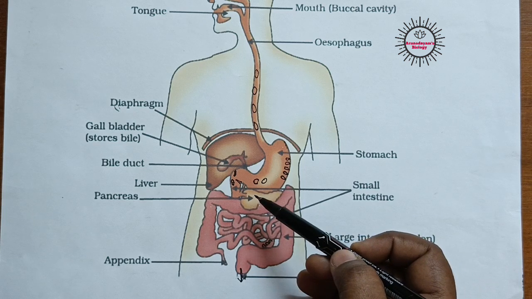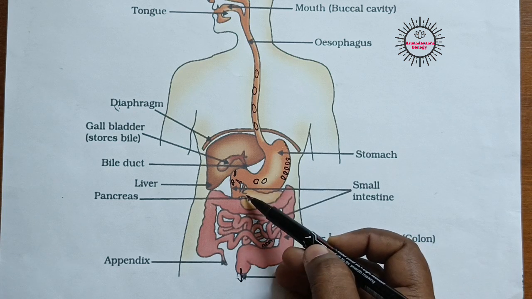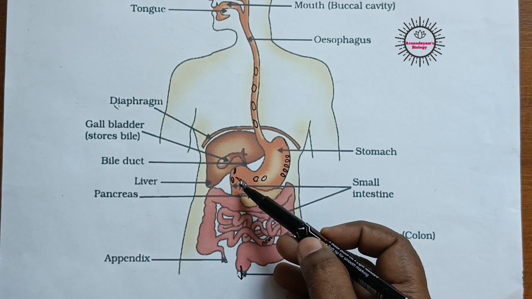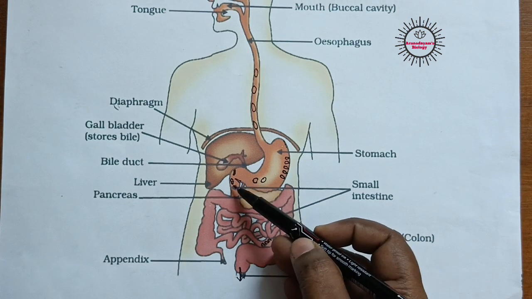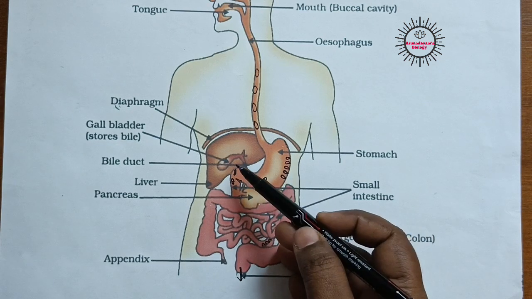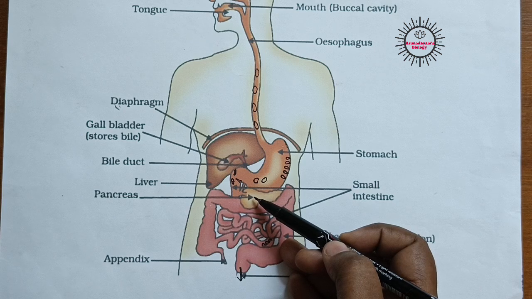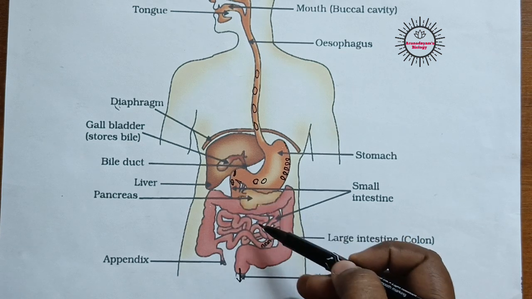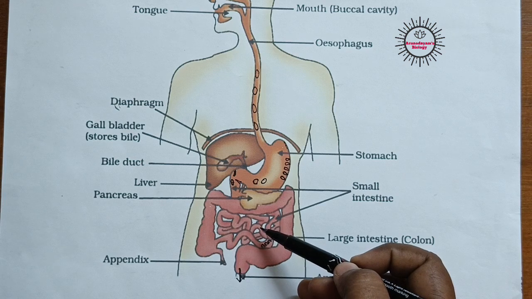This pancreas releases pancreatic juice, and through this tube, that means pancreatic duct, the pancreatic juice again enters into this duodenum. So here we have in the duodenum partially digested food from stomach, bile juice from liver, and pancreatic juice from pancreas. So the food along with these juices now enters into the next part of our digestive tract called as a small intestine.